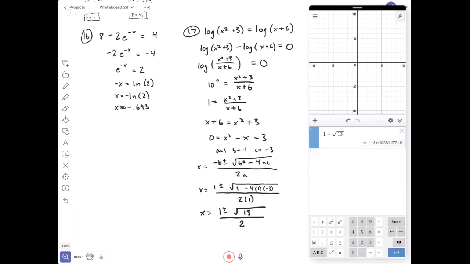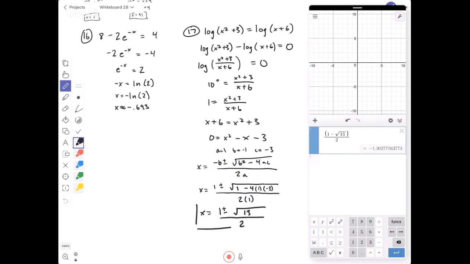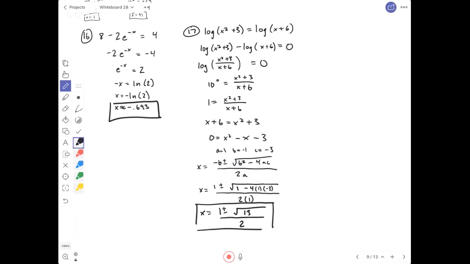Looks like we're all good, though. It's not going to be less than negative 2. Negative 1.3 plus 6, that would be positive. That, if I plug that in there, that'll also be positive. So those are both real solutions. That's my answer. And really, I'd actually prefer this answer to the approximate answer, but they're both okay.